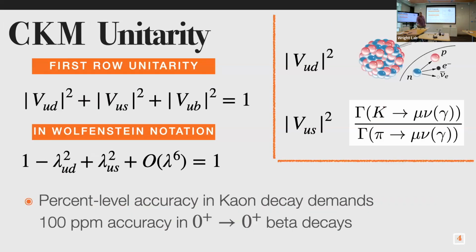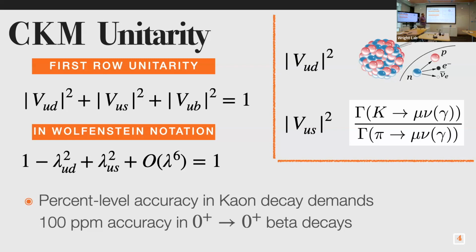Just to give you some intuition about why you need to measure VUD so precisely for certain interesting tests of new physics: famously, the CKM matrix is mostly diagonal. What that means is that VUD is much, much bigger than VUS, which is much, much bigger than VUB. So if you want to retest this relationship, I need to look at this number squared plus this small number squared.